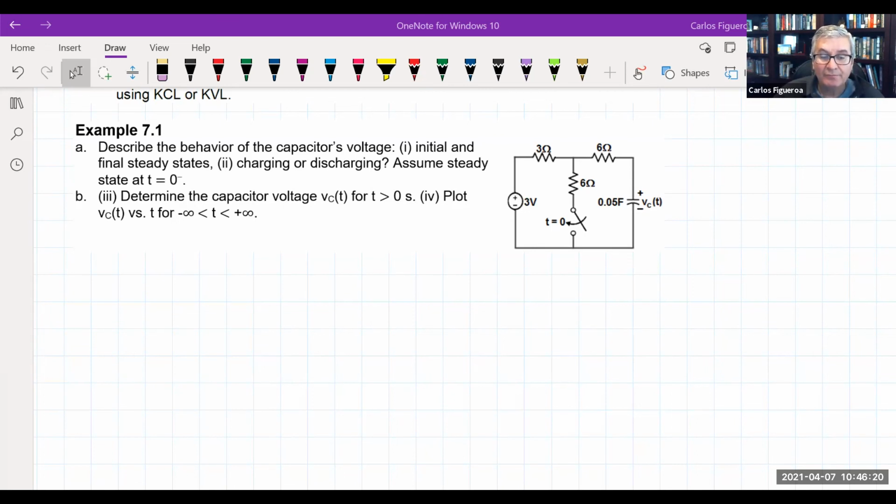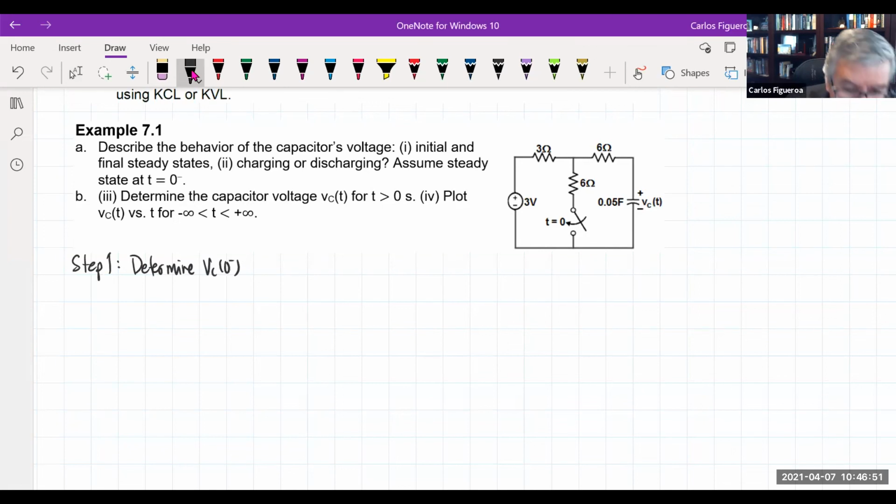So here we go. The circuit's always in steady state. We always assume steady state before the switch is thrown. And what I want to do here is see if I can physically understand what is happening first. So my first step is that I want to determine VC of 0 minus.